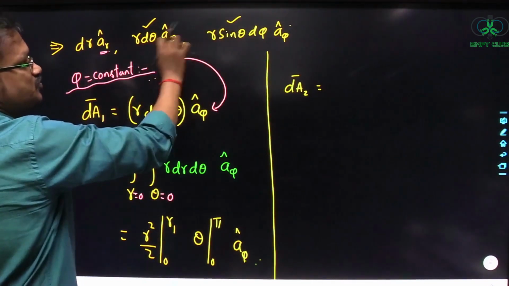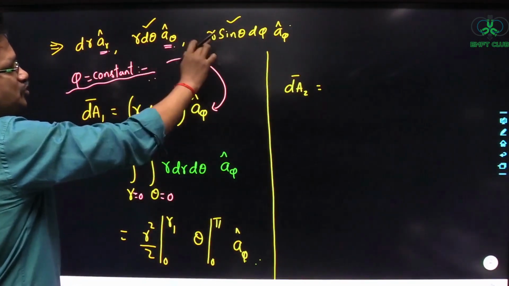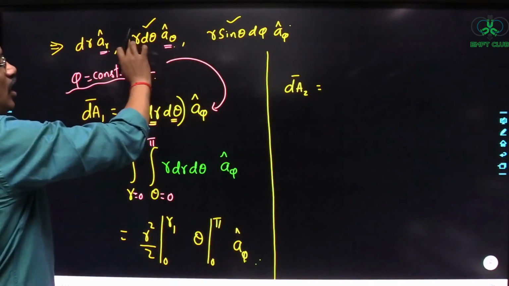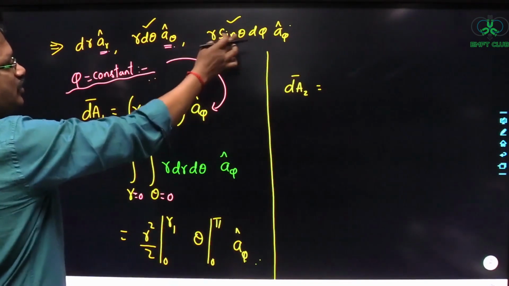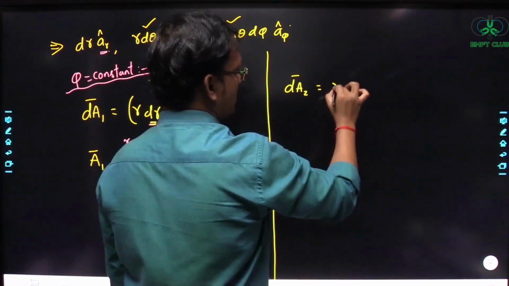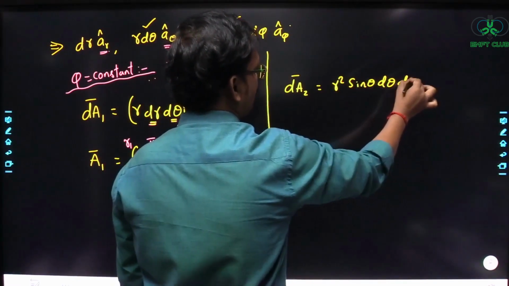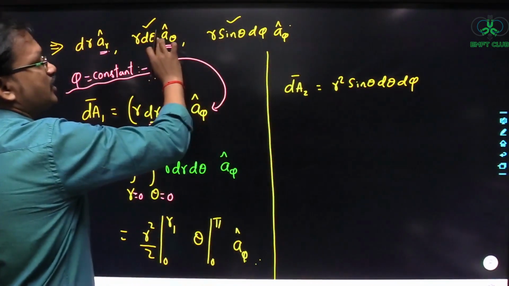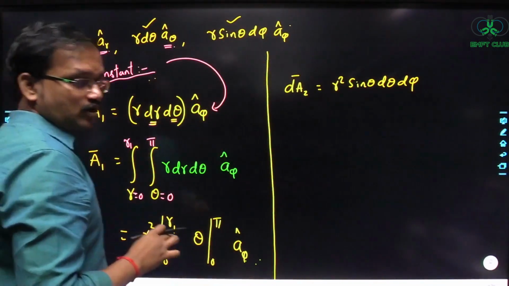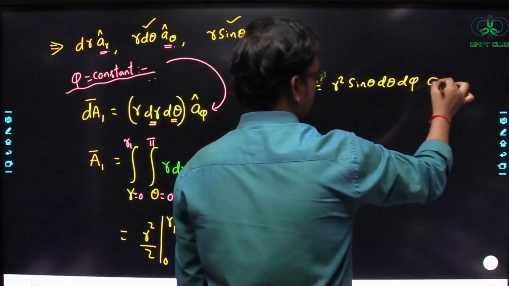If you do the cross product between these two, what is the magnitude you are going to get? The magnitude is r square sine theta d theta d phi. And a theta cap cross a phi cap is nothing but AR cap. So this is AR cap.